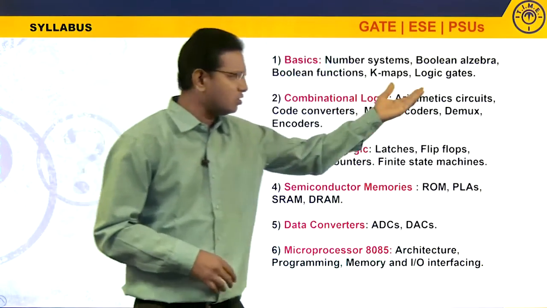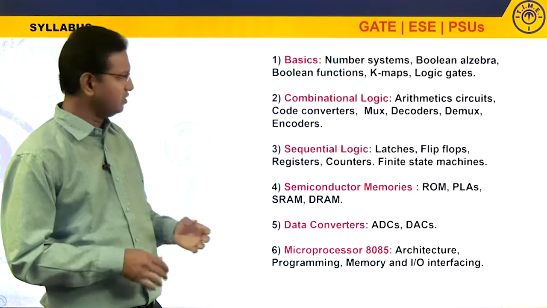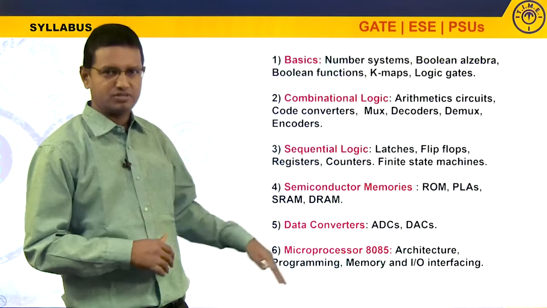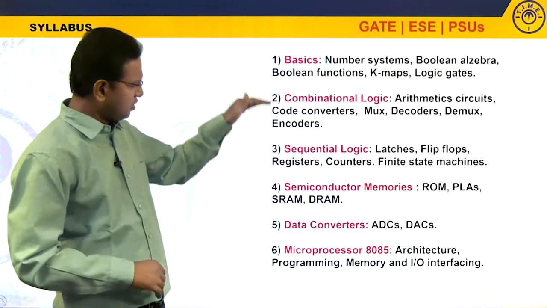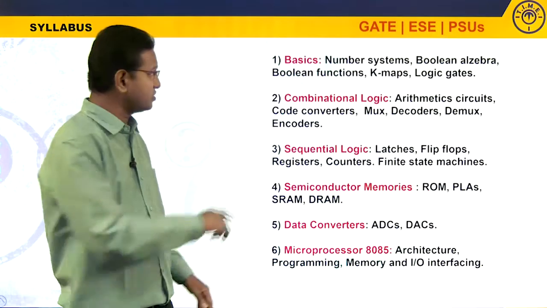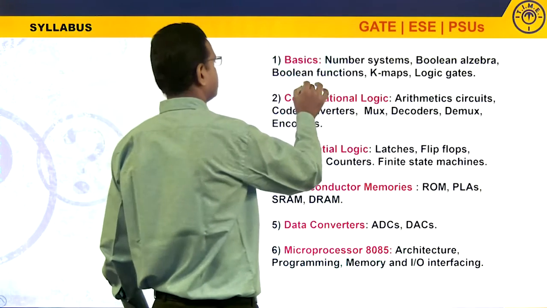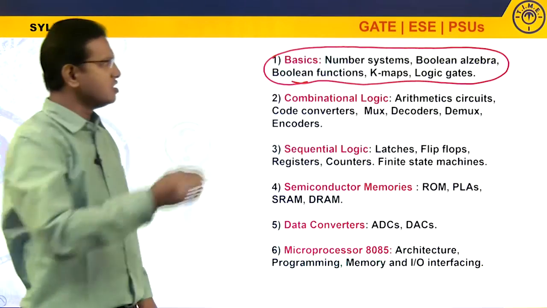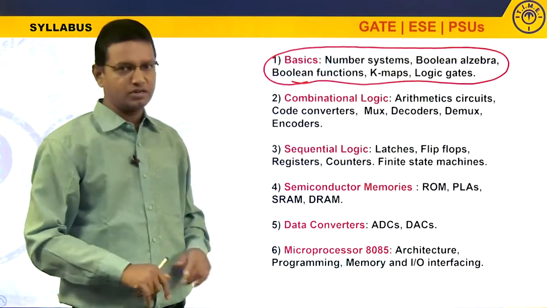If you understand the logic gates clearly, functionally, then it will be very easy to move through the other topics. We can swim through them. So remember, if you want to be good at the remaining topics, the first section, the basics, is very, very important. If you are weak in the basics, you will go weak in other concepts.